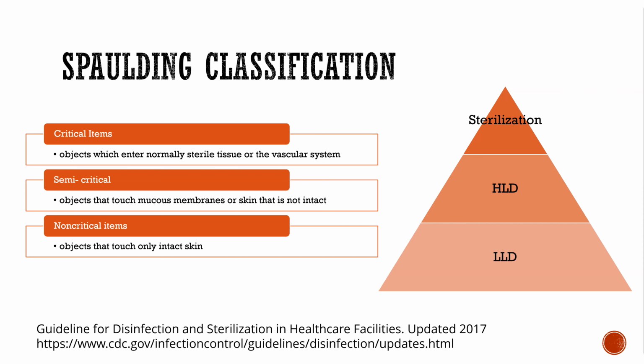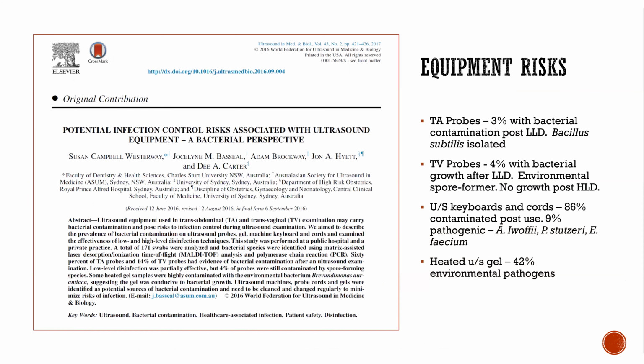So this is a study where they looked at the contamination that was happening. They did a blinded study, actually conducted in Australia. They took swabs from transabdominal and transvaginal probes, cords like electrical cords, keyboards, and gel bottles, to see what the risks are and where they're happening.